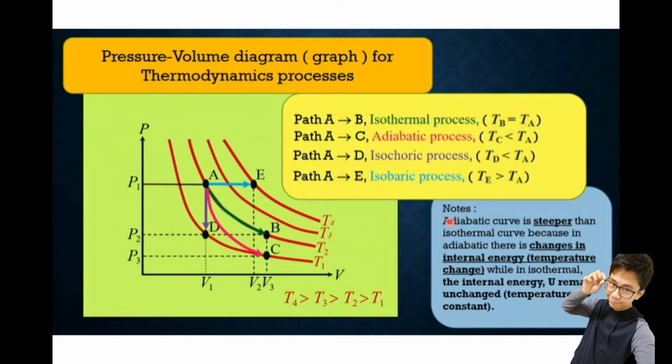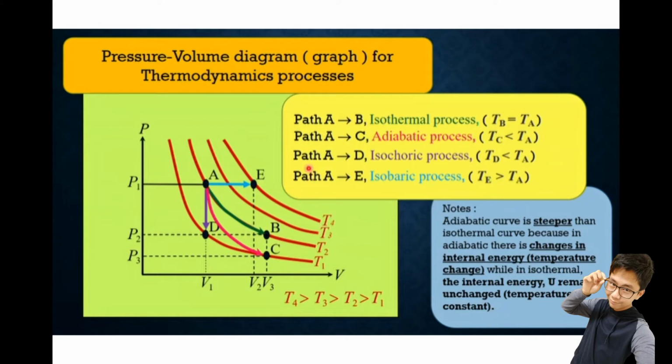Note over here, the adiabatic curve is steeper than the isothermal curve because in adiabatic there are changes in internal energy and temperature, while in isothermal the internal energy U remains unchanged and temperature is constant.